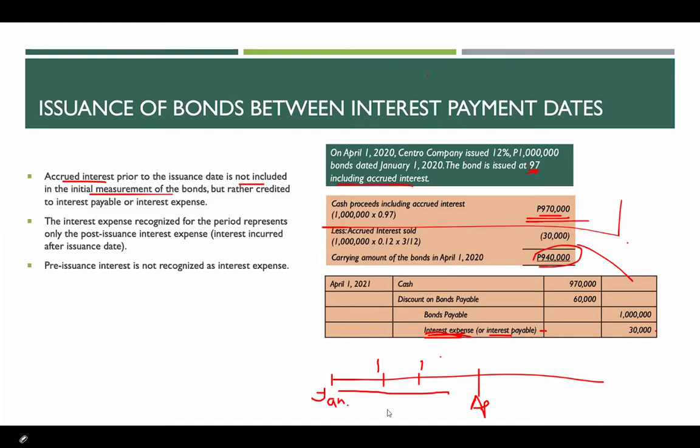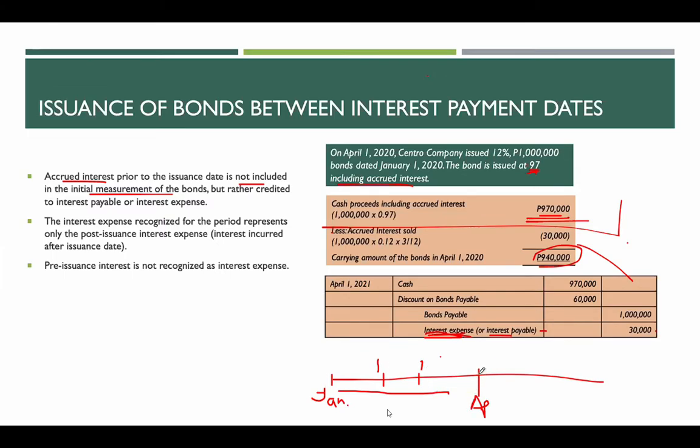Ayan. Okay. So this should be 3 months, mula January 1 up to April 1. So 3 months. So yan yung total months na naglapse bago na-issue yung bonds, between interest payment.